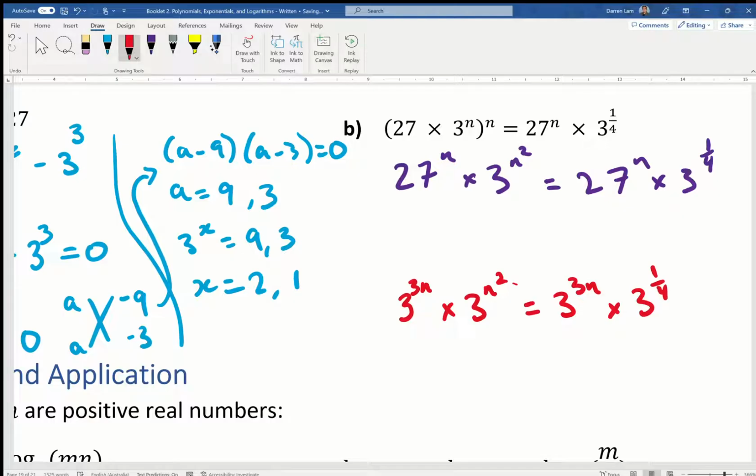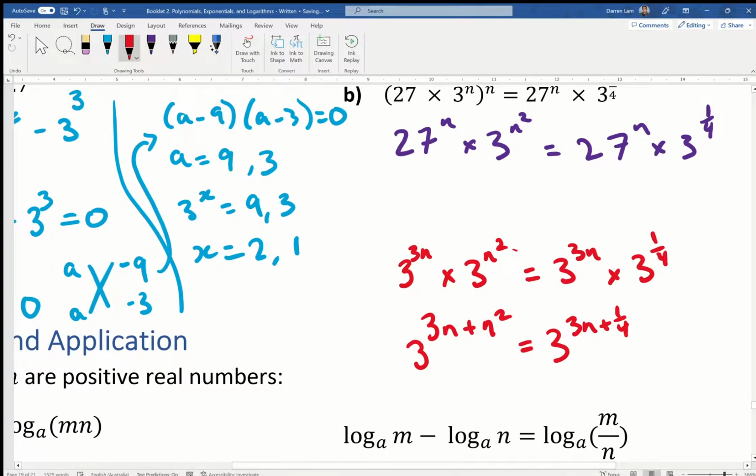Of course, I'm multiplying, so I can just add them together. That means 3 to the power of 3n plus n squared equals 3 to the power of 3n plus 1 quarter. And then you can equate the powers because the bases are the same. We end up with 3n plus n squared equals 3n plus a quarter.